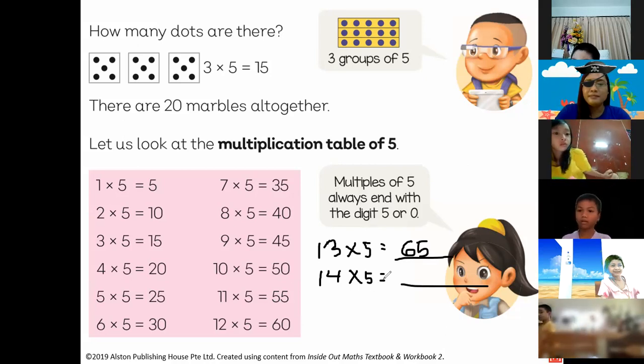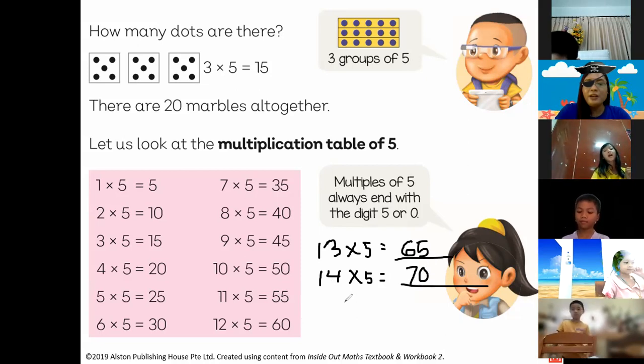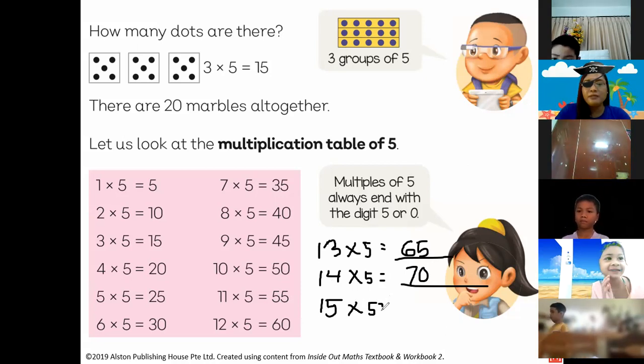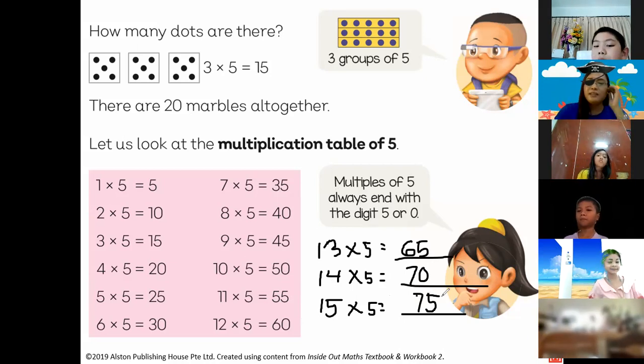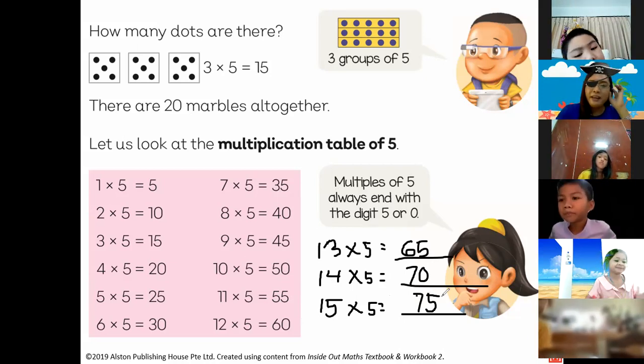Seventy. 70. Okay. What is 15 times 5? 75. Okay.